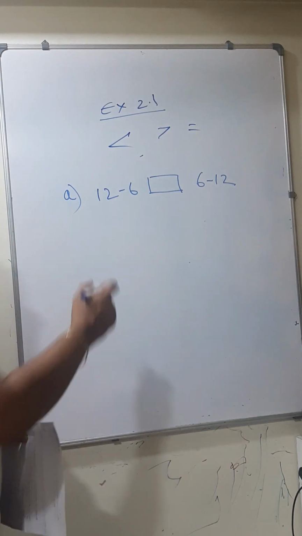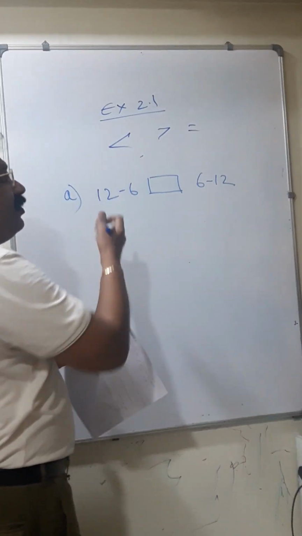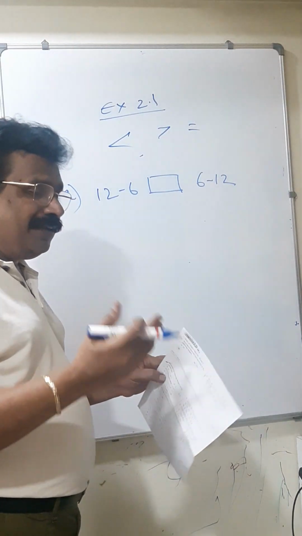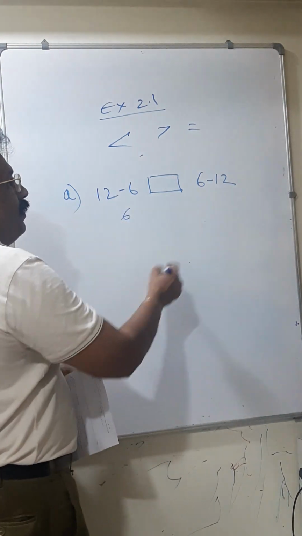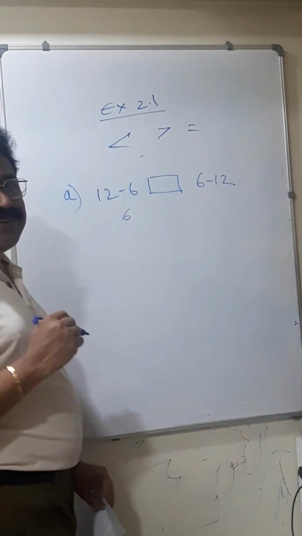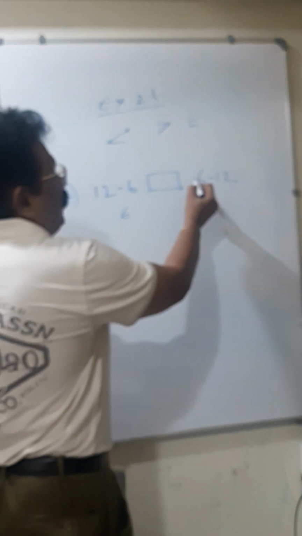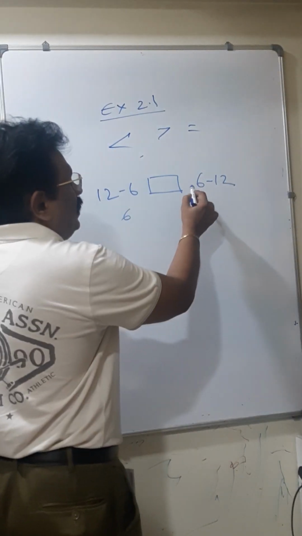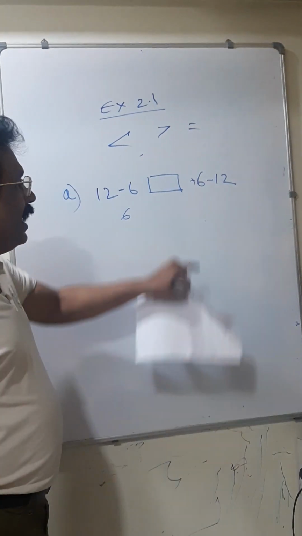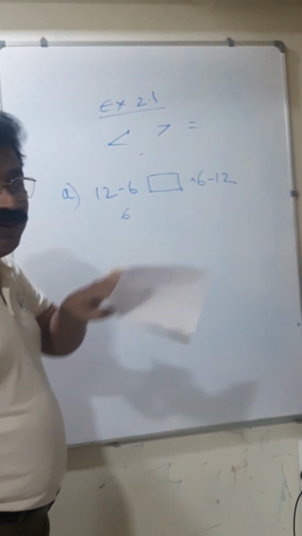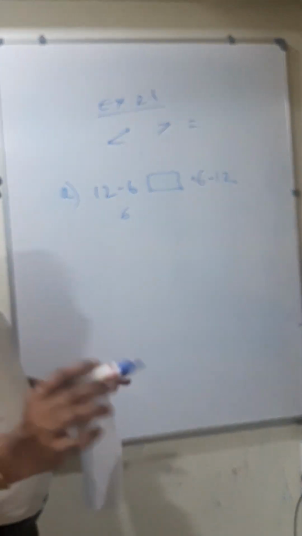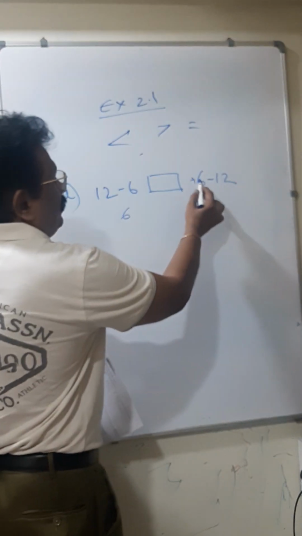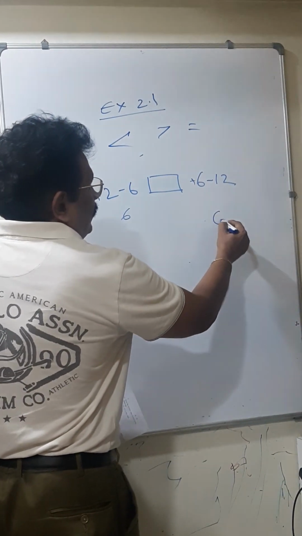Evaluate it. What is 12 minus 6? This is what you learnt in the earlier classes. 12 minus 6 is 6. What is 6 minus 12? Here is a challenge now. One is positive. See, if there is no sign it is always considered as positive. 6 has no sign, so it is considered as plus. One is plus, one is minus. What does our rule say? If one is plus and one is minus, we have to subtract. The difference of 12 and 6 is 6.